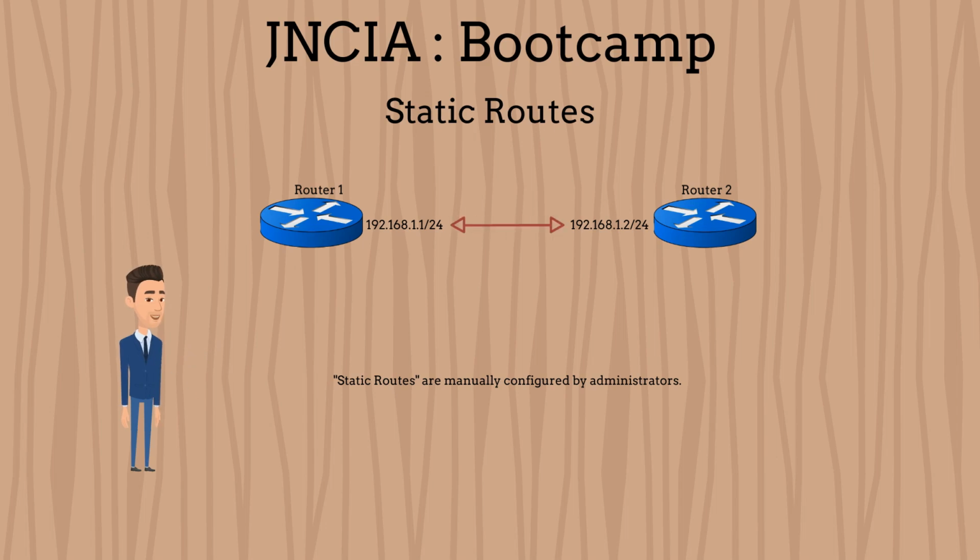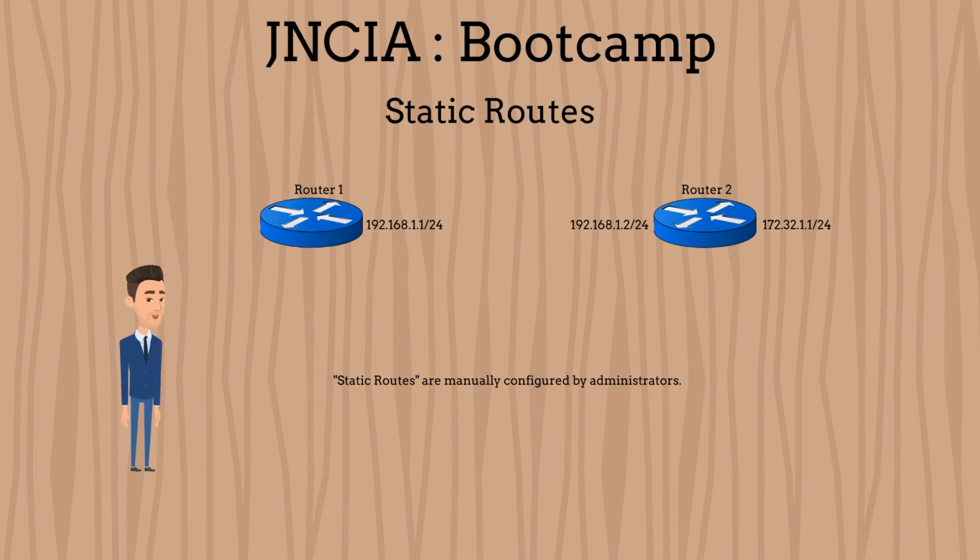However, router 2 also has a secondary interface with an IP address of 172.32.1.1/24. For router 1 to know how to get to the 172.32.1.0 network on router 2, we can manually configure a static route, and this is how we do it.